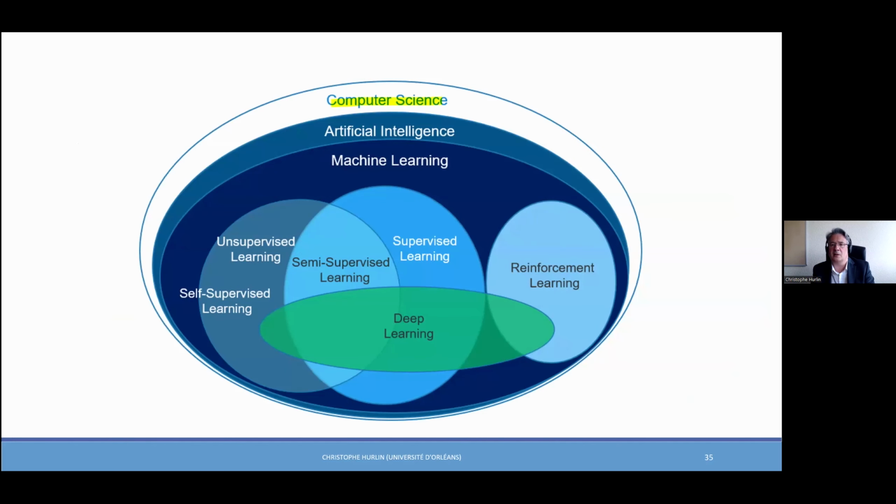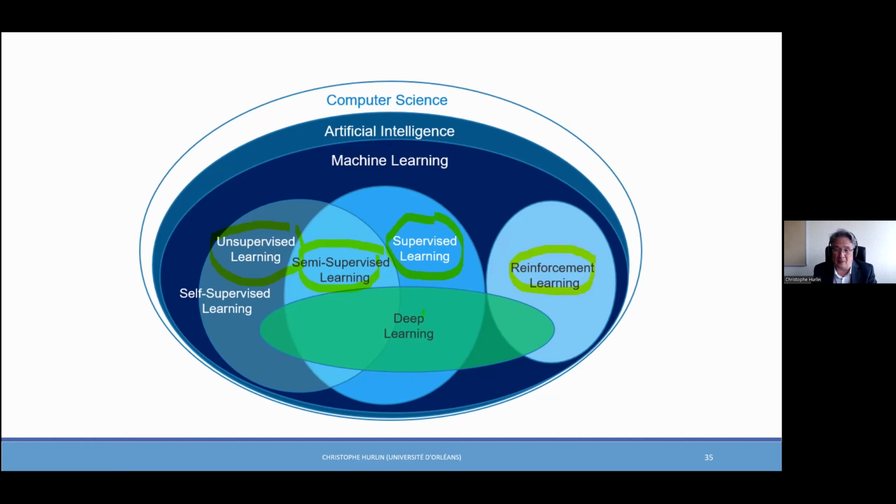So let me summarize. We have computer science, artificial intelligence, and machine learning, which is a subfield of artificial intelligence. In machine learning, you know what supervised learning, unsupervised learning, semi-supervised learning and reinforcement learning are, which are the four main types of learning in machine learning.